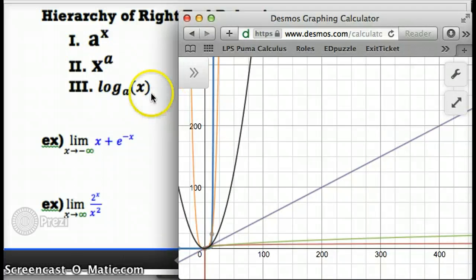It actually also represents your square root function because a square root has a 1/2 power. Anything where you have x to a power is going to be somewhere in the middle. And obviously higher powers like quartics go up to infinity faster than medium powers like square or linear, or this green is the square root, which is a power of 1/2. And then finally, the weakest functions that go to infinity are logarithms.